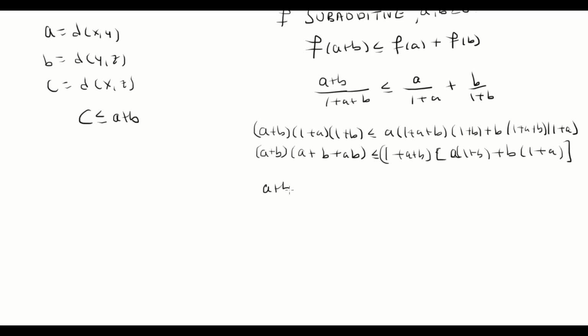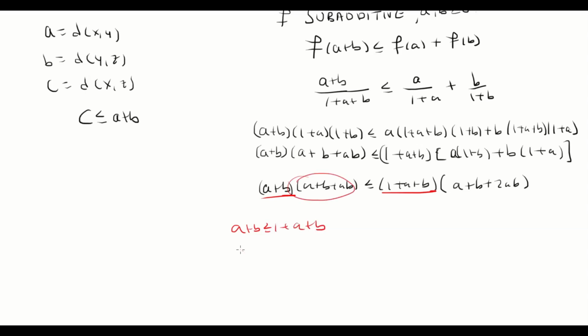So we have a plus b times a plus b plus ab less than or equal to 1 plus a plus b and then times a plus b plus 2ab. And so we'll just look at each factor individually. 1 plus a plus b is greater than or equal to a plus b.